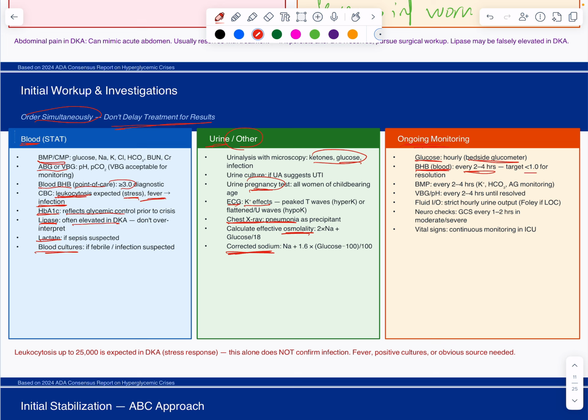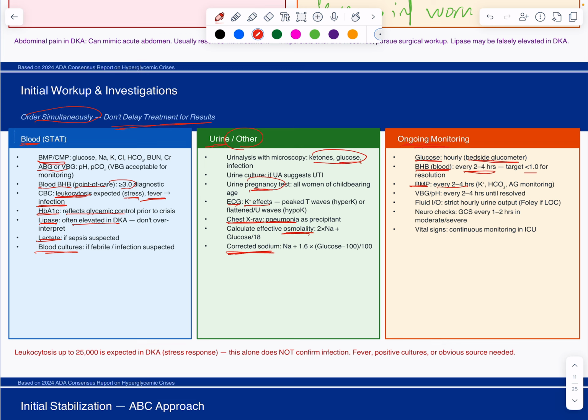And again, remember previously beta hydroxybutyrate used to have only diagnostic value for DKA, but now you can even monitor the progress or the resolution of the DKA by getting serial BHBs. Then again, you'll get BMP every 2 to 4 hours.